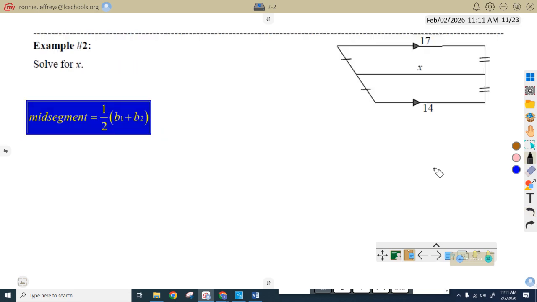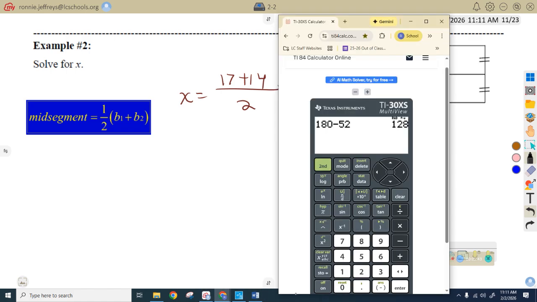So, super duper crazy hard for example 2. We're solving for x. X equals 17 plus 14 all over 2. And guess what? You can put that in the calculator like so, as long as you type in the correct numbers.